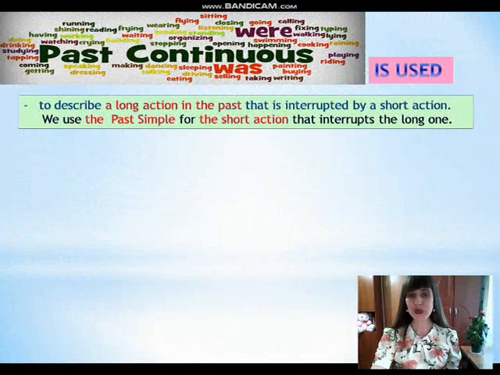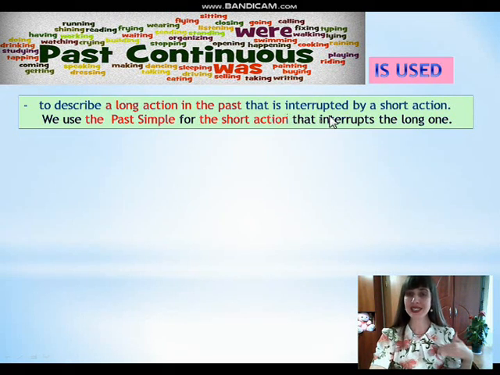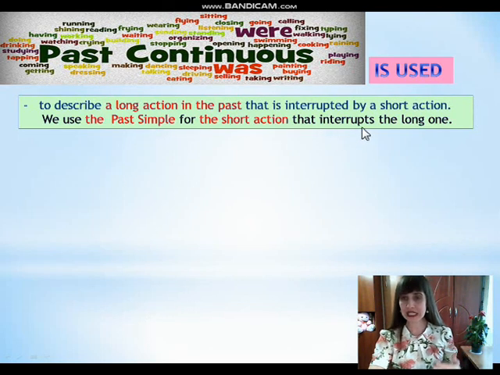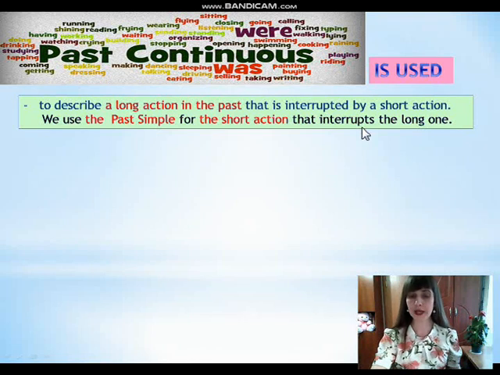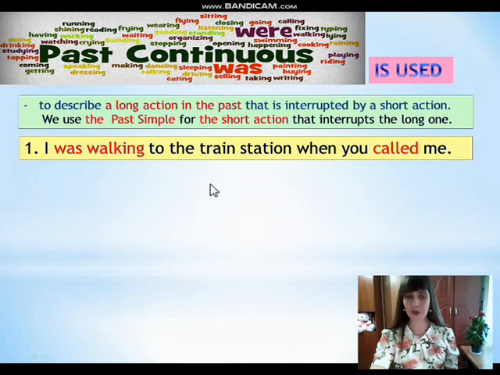We also use the past continuous tense to describe a long action in the past that is interrupted by a short action. We use the past simple for the short action that interrupts the long one. Let's have a look at the example.